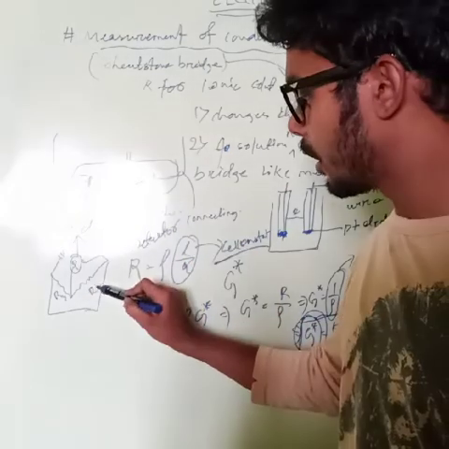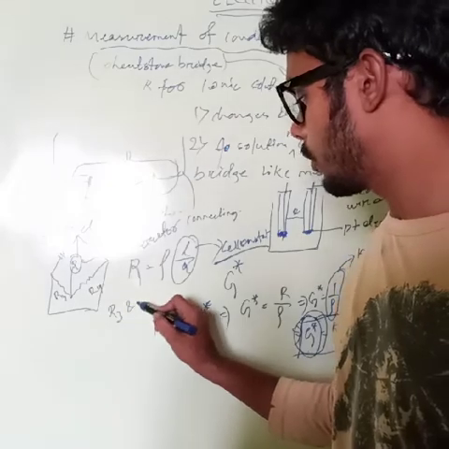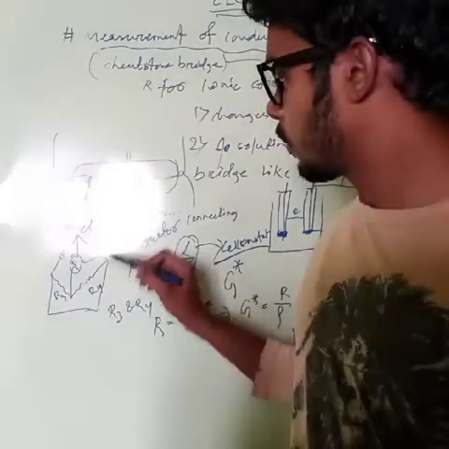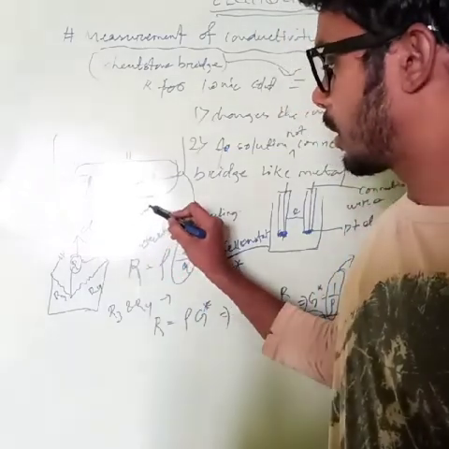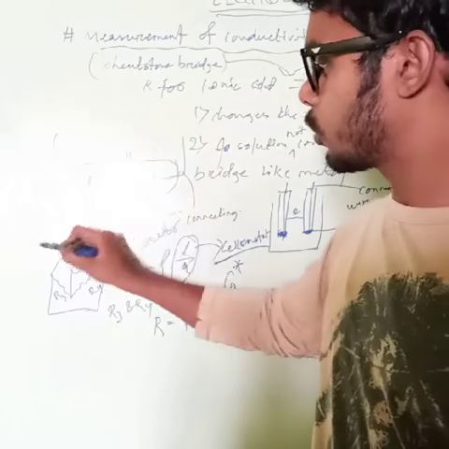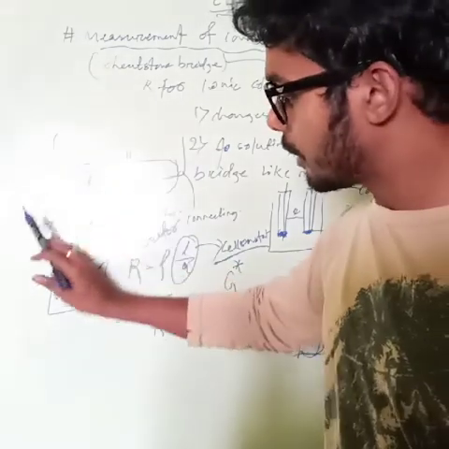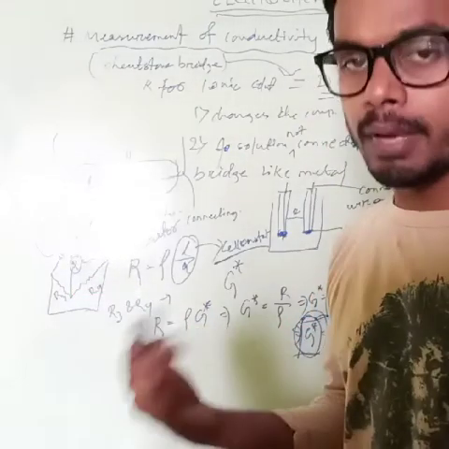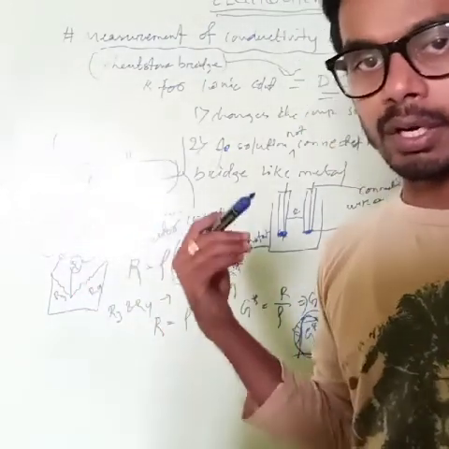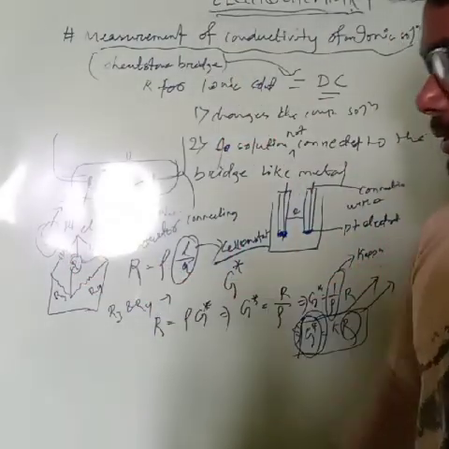R3 and R4 are the two fixed resistances, R1 is the conducting cell resistance and R2 is the variable. Here the variable resistance is to be adjusted to measure the value, the resistivity, the conductance capacity, and you can measure it by this.